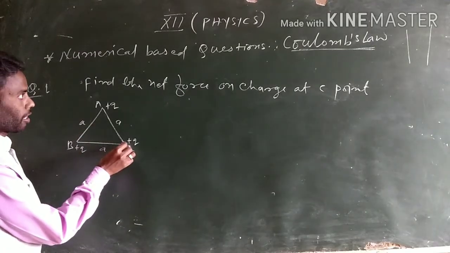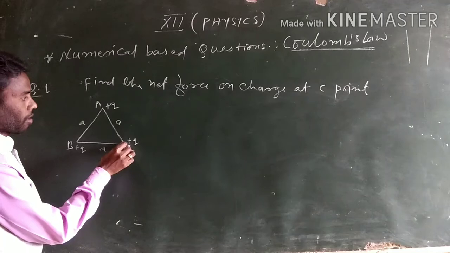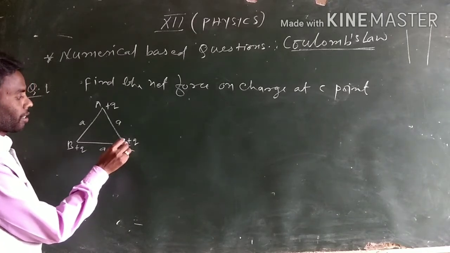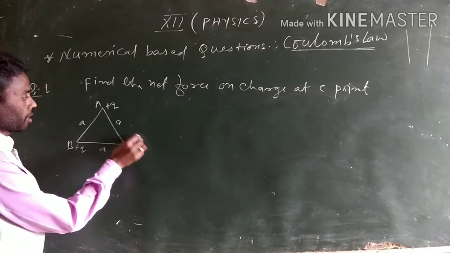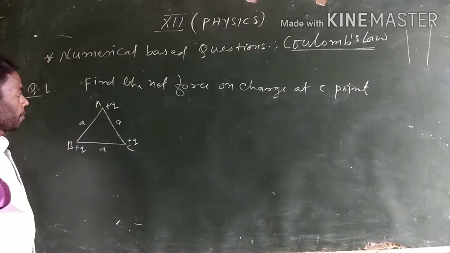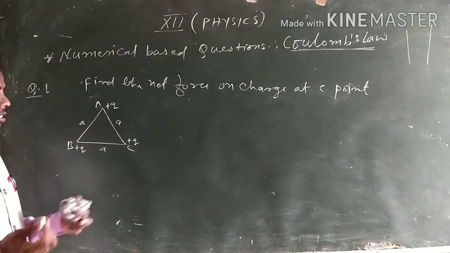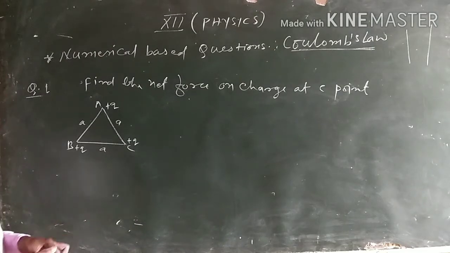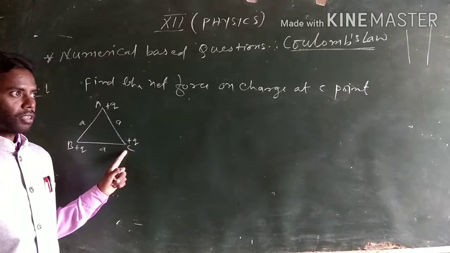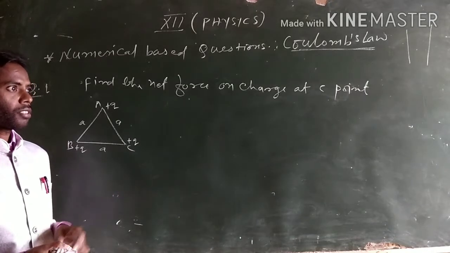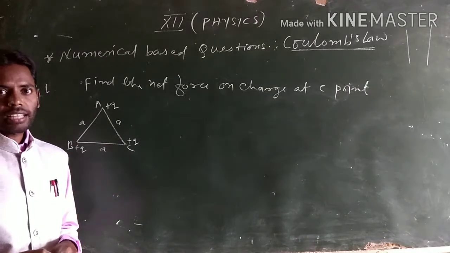We have to find the net force on the charge at point C, that is, a plus Q charge is given there. By the principle of superposition, we have already derived that the force on any charge is equal to the vector sum of the forces due to all the remaining charges.